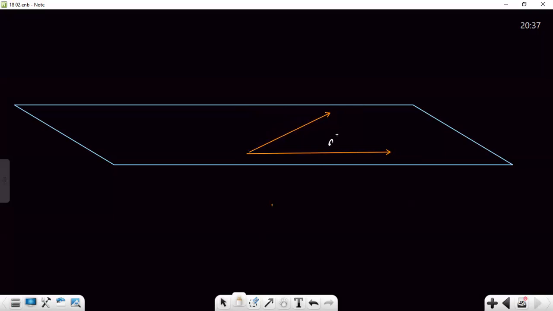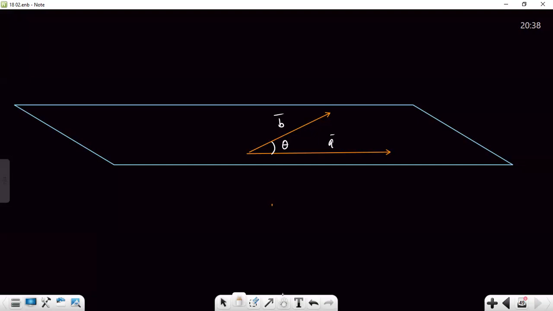This vector is A, this vector is B. The angle between these vectors is theta. When I cross multiply A vector and B vector, it gives me a vector perpendicular to both of these two vectors. So if the resultant vector is perpendicular to both of these vectors lying on a plane, the resultant vector will also be perpendicular to the plane.